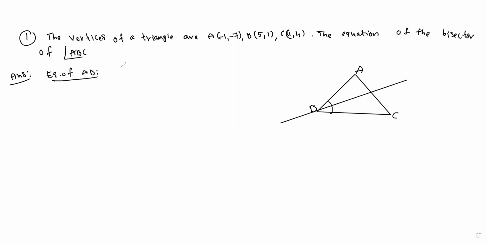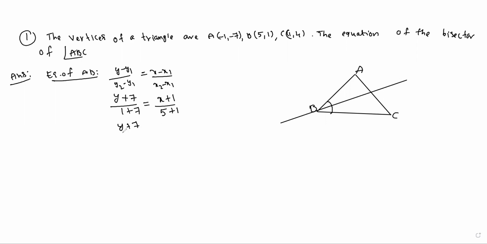The equation of AB, by using the two-point formula: (y minus y1)/(y2 minus y1) is equal to (x minus x1)/(x2 minus x1). Taking A as x1, y1 and B as x2, y2: (y minus of minus 7)/(1 minus of minus 7) equals (x minus of minus 1)/(5 minus of minus 1).